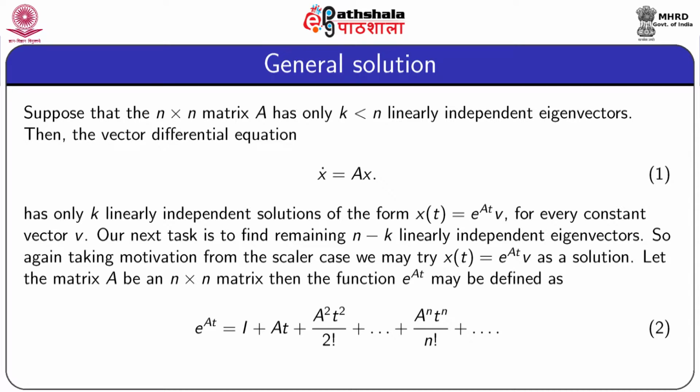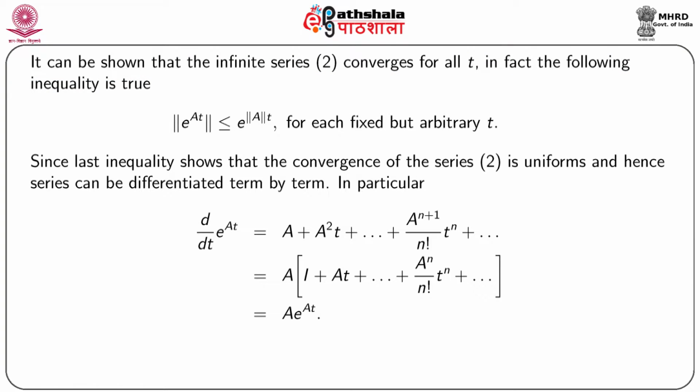So, if you differentiate this with respect to t, this term will be 0, this term will be A, this term will be A squared 2t, and that 2 cancels with this 2 factorial, and this term will be A to the power n, n t to the power n minus 1, and the next term will be A to the power n plus 1, n plus 1 t to the power n divided by n plus 1 factorial, and this part is actually given here.